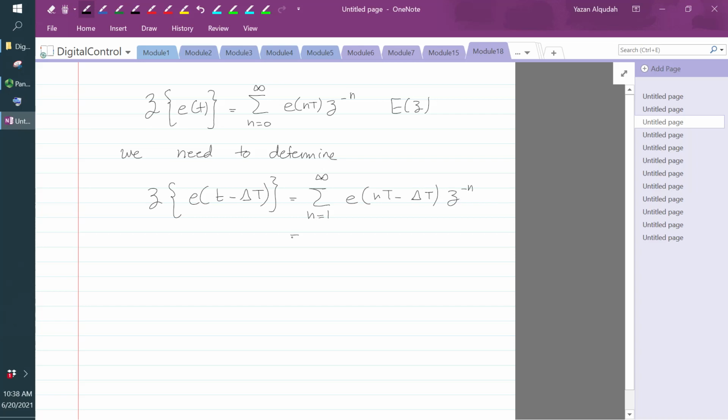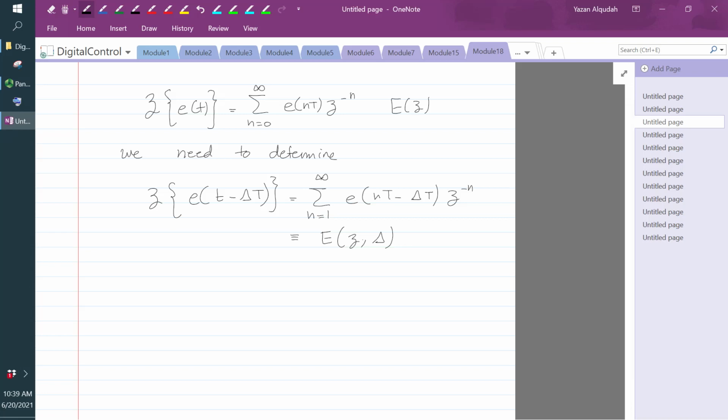Now this we're going to define as E of z comma delta. So again, we're taking these samples. These samples are going to occur at E of n t minus delta t multiplied by z to negative n, which is going to equal to E of z comma delta.